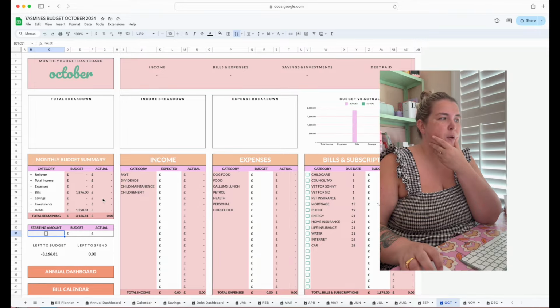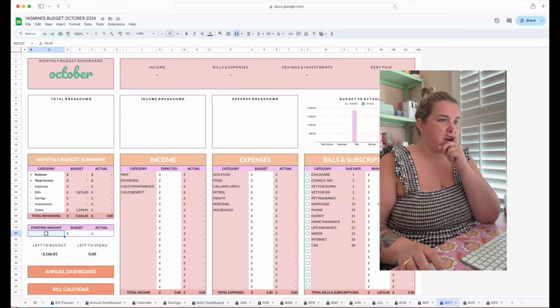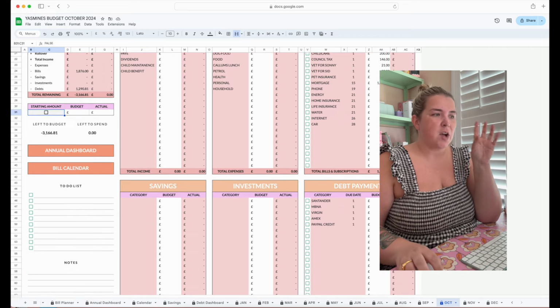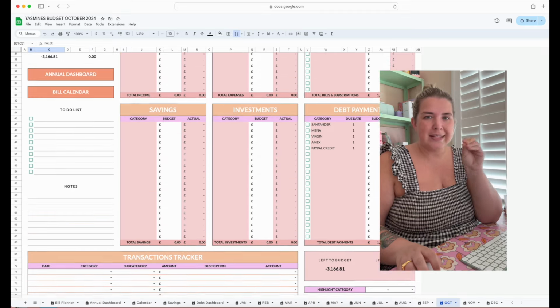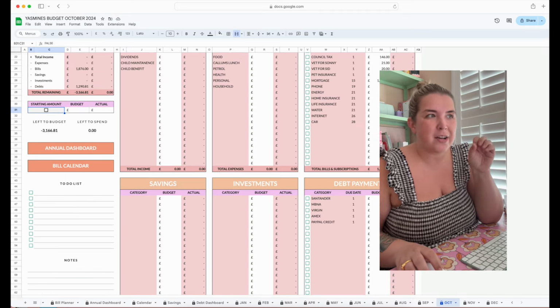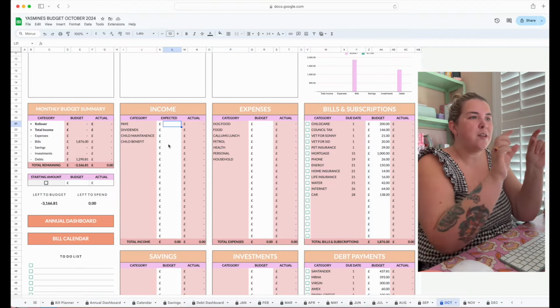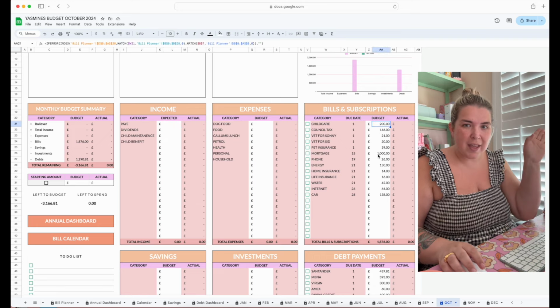But basically, I'm going to now do my October, and the way that I'm going to do it is sort of backwards. I'm going to start plugging in my transactions and then see where I'm at, and make sure that I'm going to pay all the bills. What you would usually do is come in here, and in the white columns, you can see the bills already have the numbers because you put that in the bill planner.